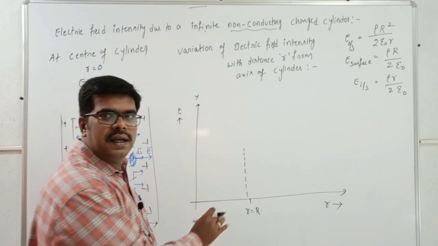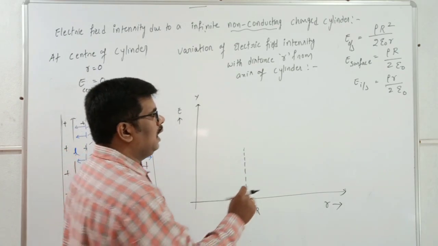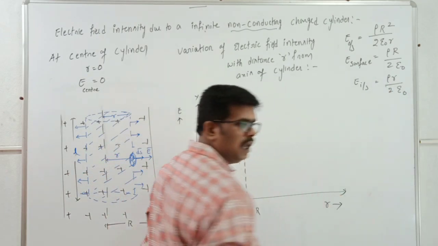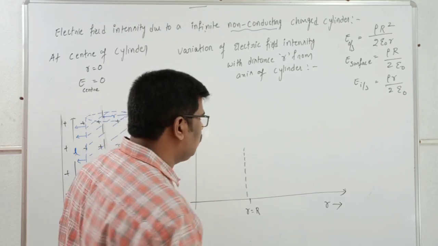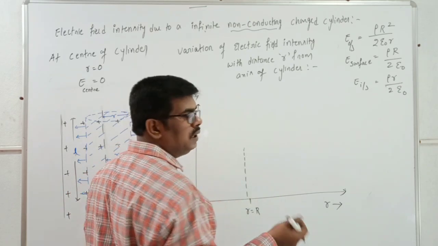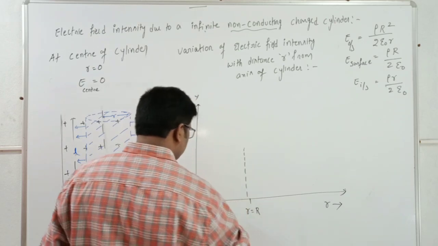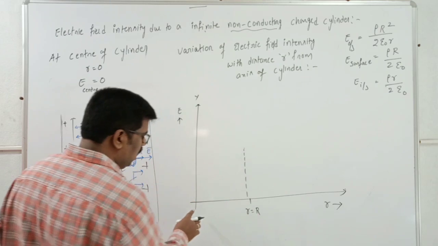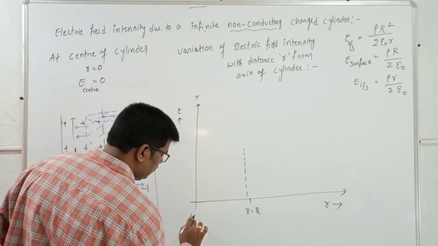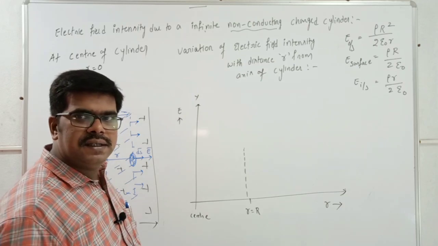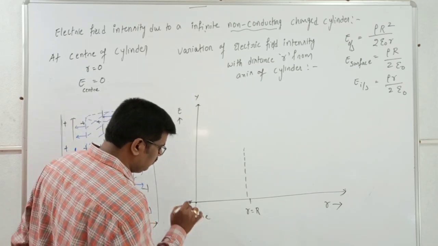So in the region inside, the electric field intensity is rho r by 2 epsilon naught, meaning E inside is directly proportional to distance r. Directly proportional means the nature of the curve is a straight line. And exactly this is the center of the cylinder, where the electric field intensity is 0.